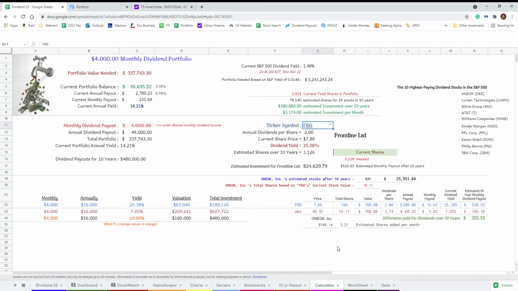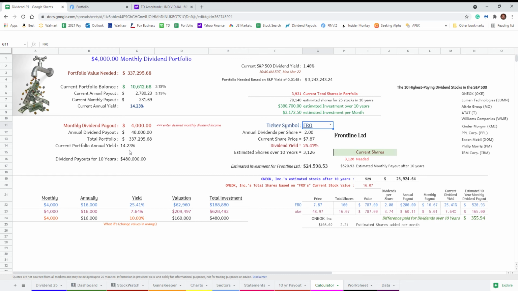I'm able to look at this right on the side and say, okay, I want to make $4,000. So if I want to make $4,000, it's going to take an annual payout of $48,000 per year, which means, again, a total portfolio of $337,295.